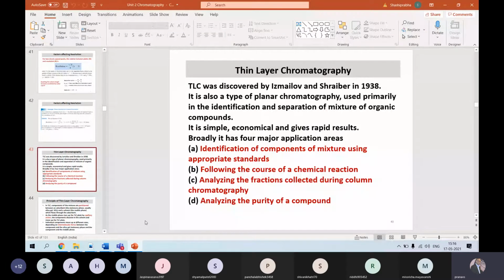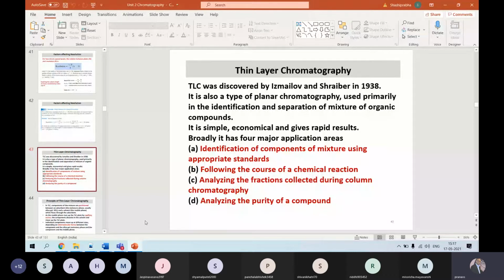Column chromatography is a technique which is used essentially by synthetic organic chemists who try to purify their reaction mixture using column chromatography. In column chromatography, you have a column just like this.